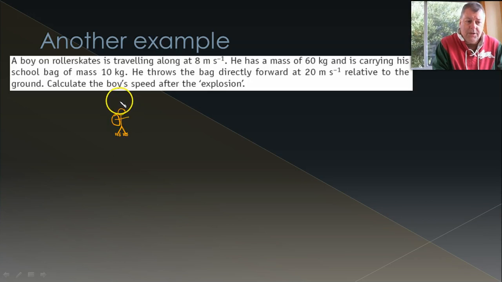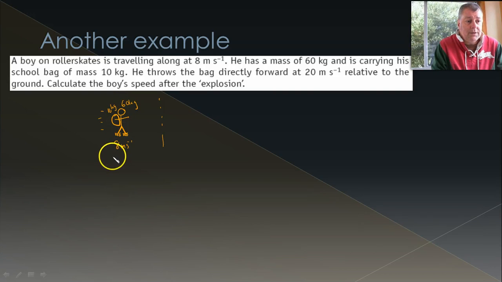Looks like a shield, but it's actually a school bag. And that's our before. Now he's moving. Which way is he moving? Doesn't say. He's going at 8 meters per second to the -1. He weighs 60 kilograms. And his bag weighs 10 kilograms.